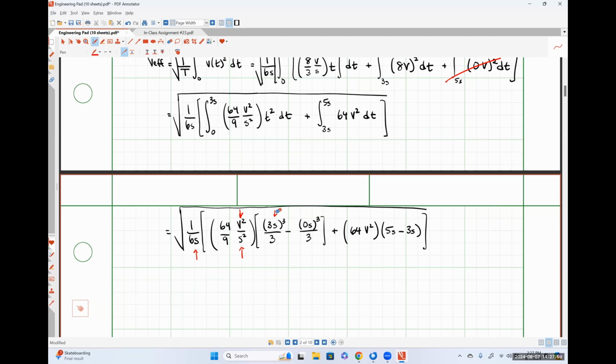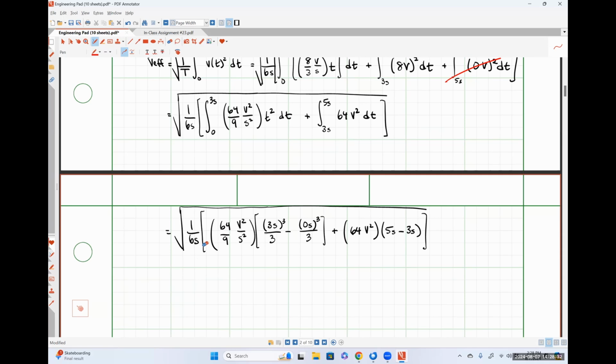So things are looking pretty good over here. Looking at our right-hand term, we have volts squared here. Seconds are coming from this, and then we have seconds in the denominator from that first term. So we're still just going to have a term that has units of volts squared. So everything seems to look like it's going to come out okay.